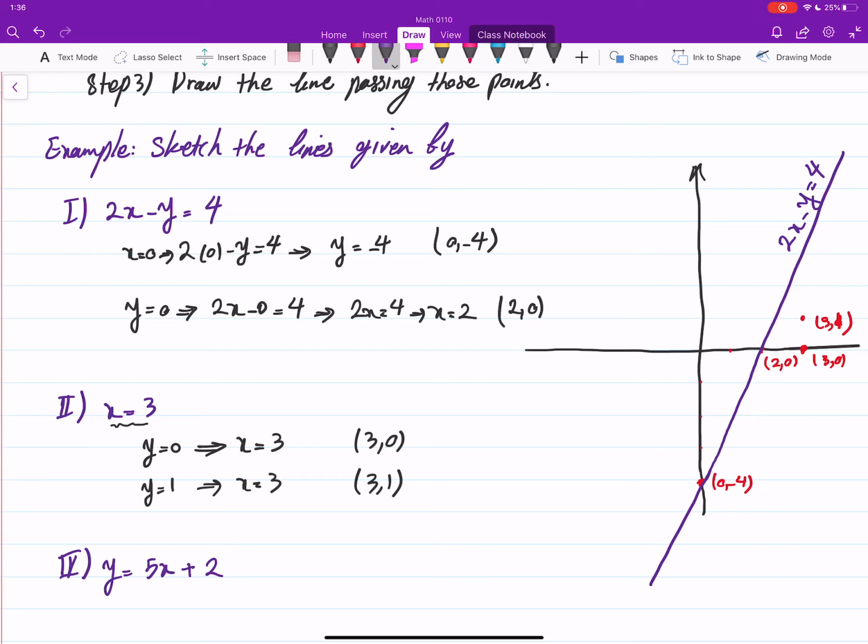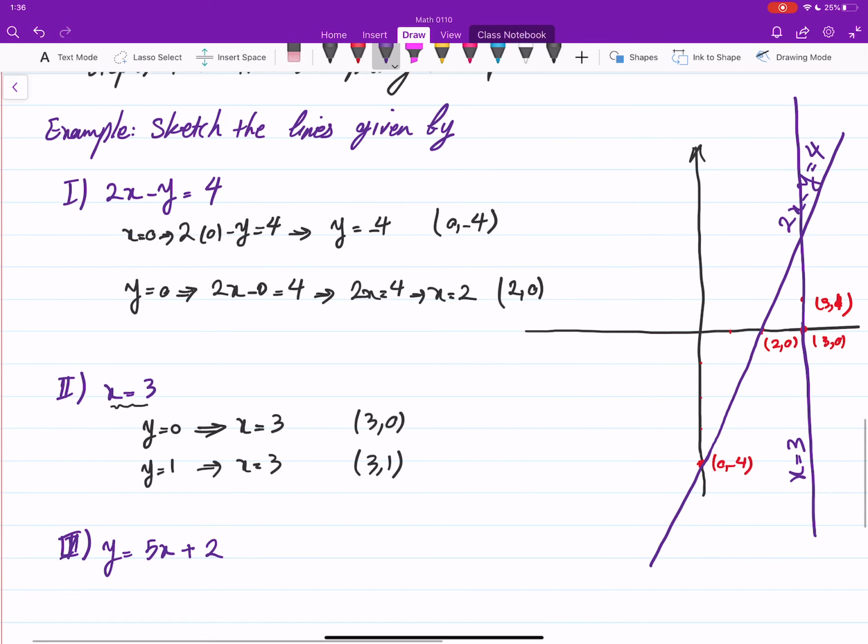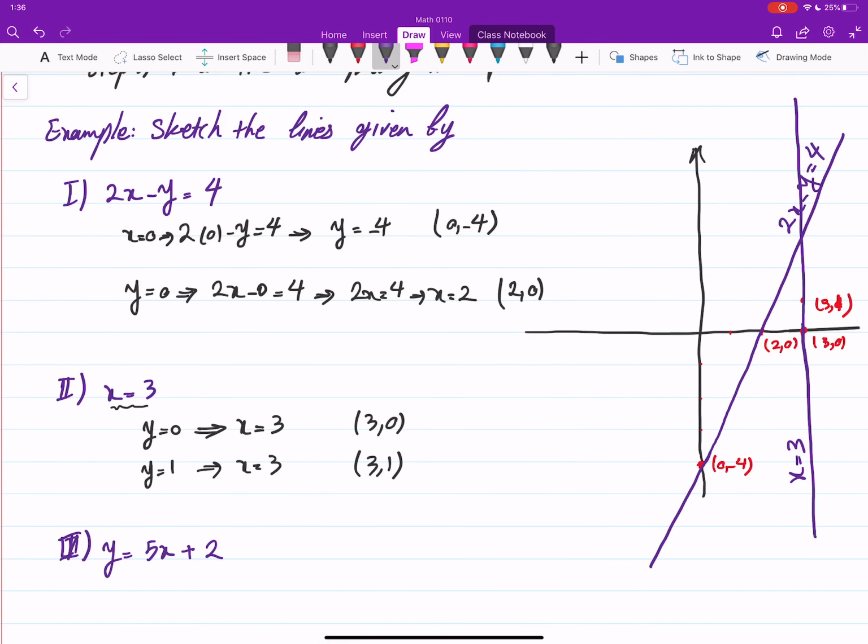Now draw the line which passes through those two. So this is x equal to 3. Well, I will leave the third example for you. So please do it at home and then draw the line.